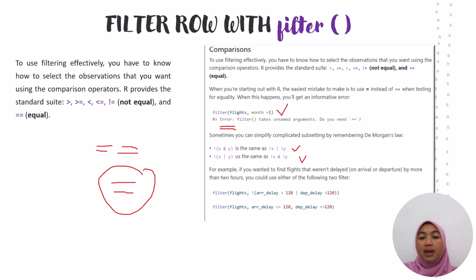For example, if you want to find flights that were delayed on arrival or departure by more than 2 hours, you could use either of the following two filters. So how do you write the command and put the operator? This is an example of how to select flights delayed by more than 2 hours.